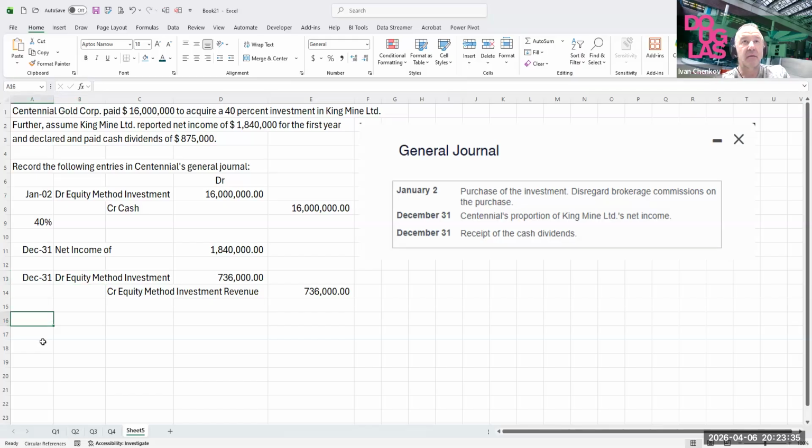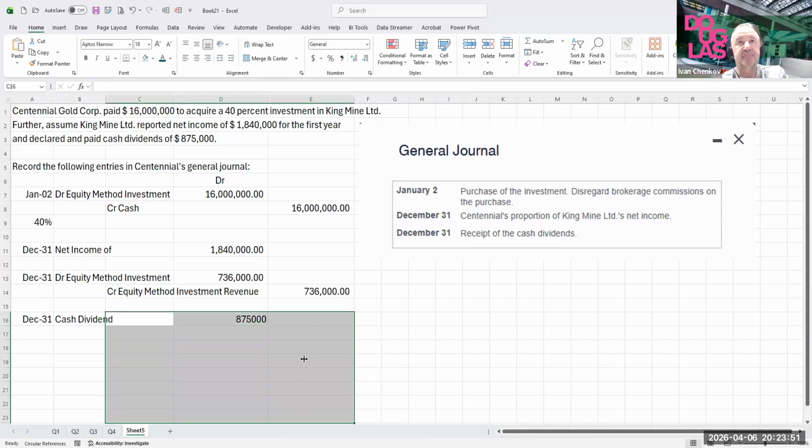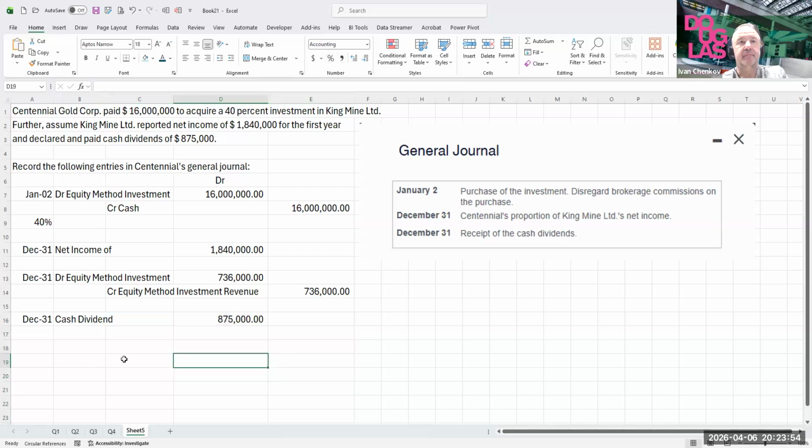Also, they declare and pay a cash dividend. On the 31st, there's a cash dividend of 875. How much of that cash dividend do we get? 40%, right?